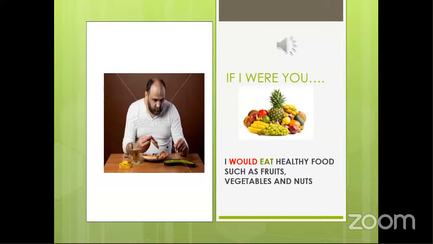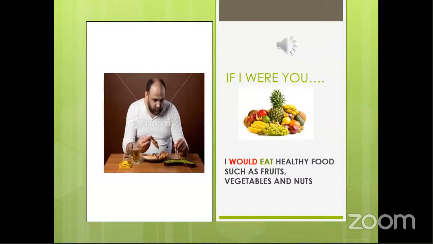If I were you, si yo fuera tú, if I were you, I would eat healthy food such as fruits, vegetables, and nuts. And now look at the picture. The man is eating pizza and drinking beer. Wow, so this is a piece of advice.